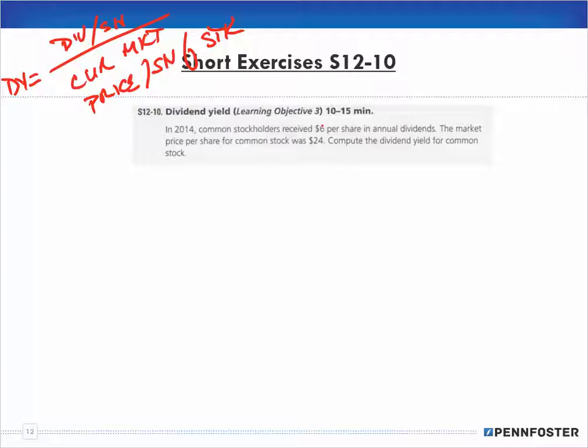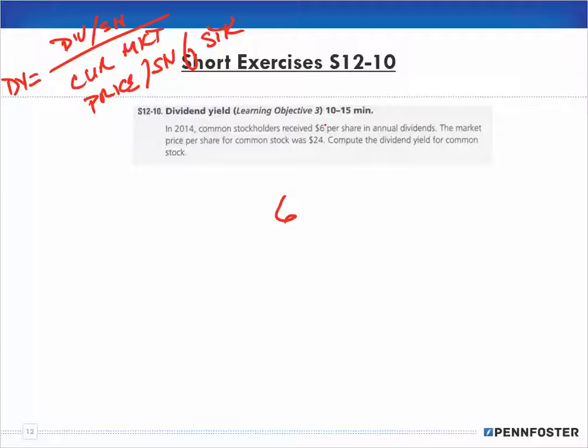And what are we looking at here? In 2014, common stockholders received $6 per share in annual dividends. The market price per share was 24. So compute the dividend yield.